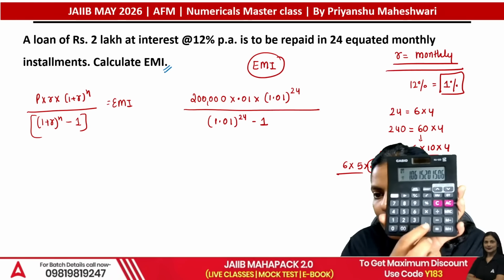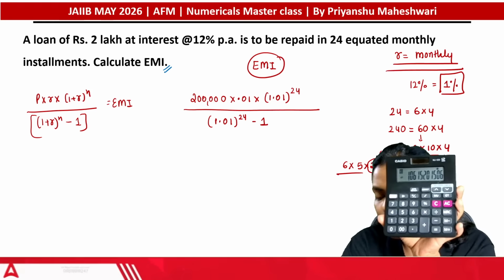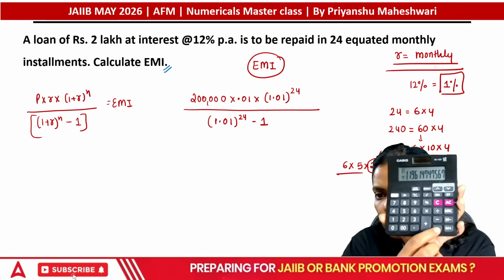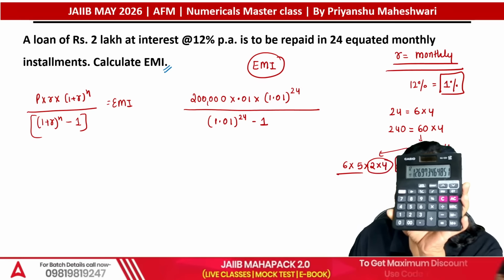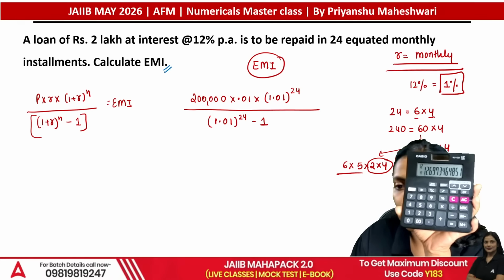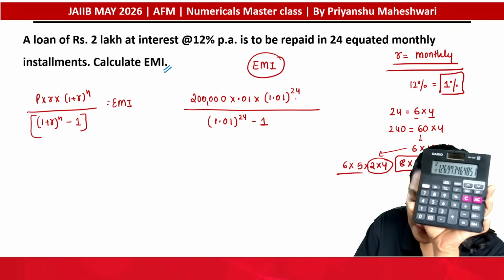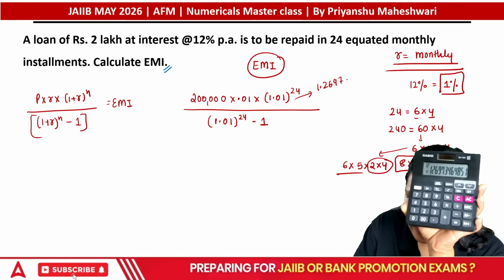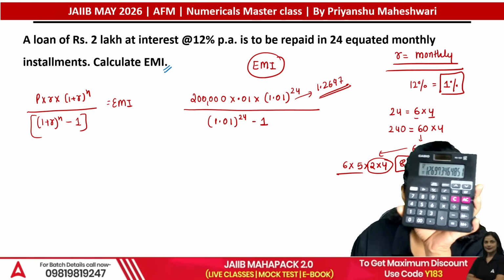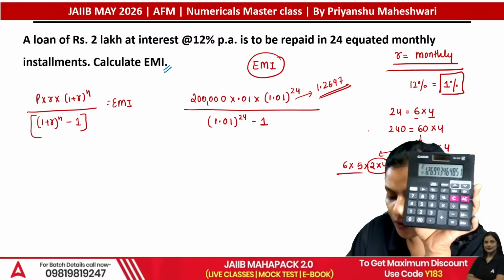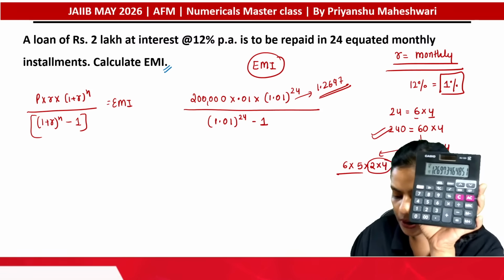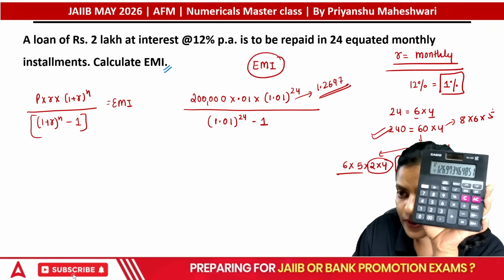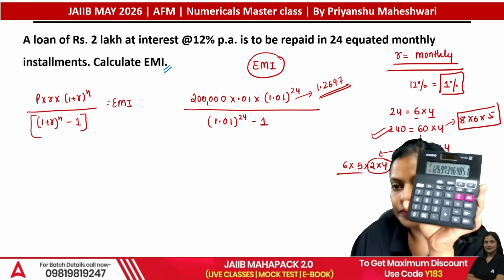Correct? Just press this multiplication button and see the next part. That is 4, 1, 2, 3. 1 less than the part or the factors that we have computed over here. So my power is coming for this is 1.2697. This is the power that I am getting. Right, now how to solve it for 240? Now we are solving it for 240. What are my factors for 240? 8 into 6 into 5. This is what I have factored.